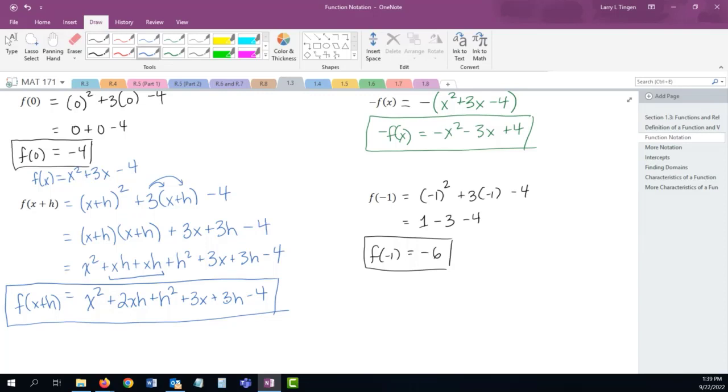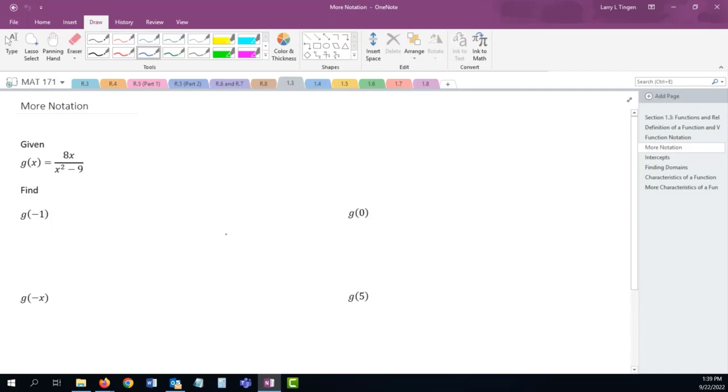So let's do another one, just because I think the practice is good. And we're going to come over here to g of x. So g of x is 8x over x squared minus 9. I'm not going to factor this. That is the difference of perfect squares.